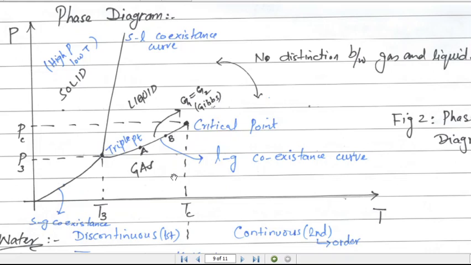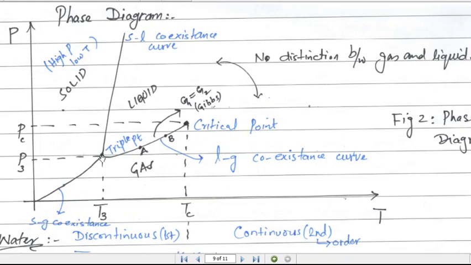This will correspond to 100 degrees Celsius. This curve can be slightly different for different kinds of compounds, but on the whole, it will have a similar shape as we have shown in this figure.